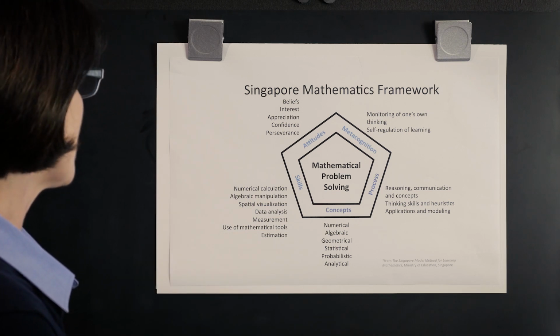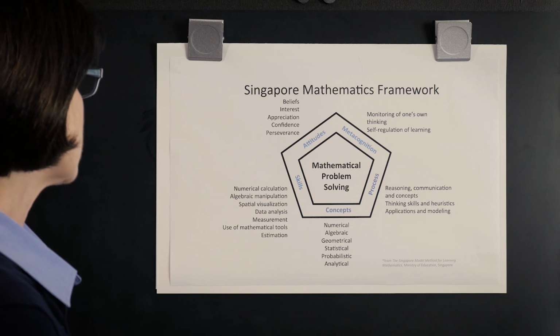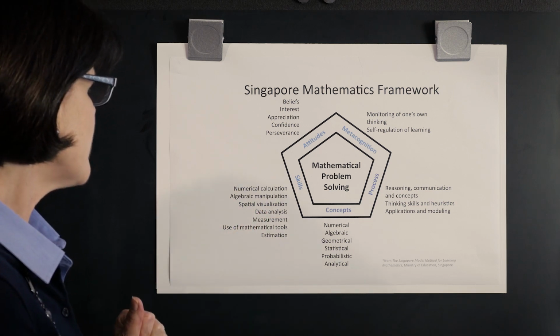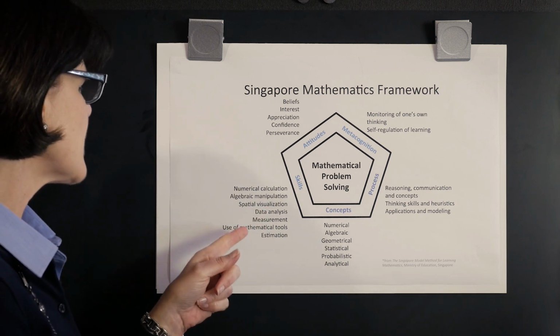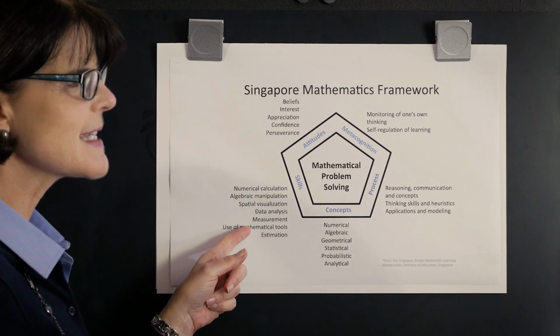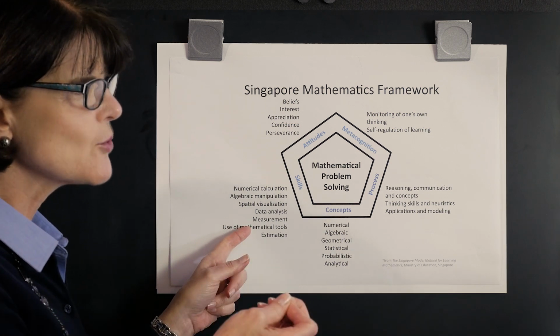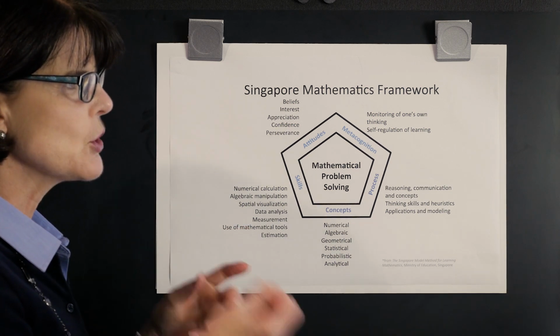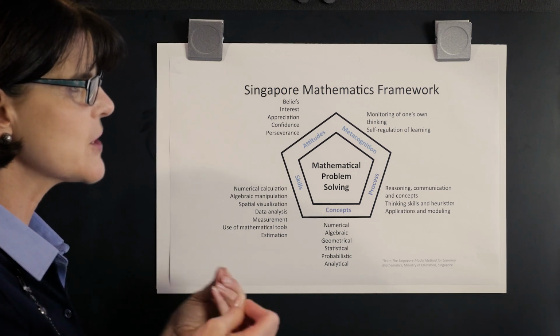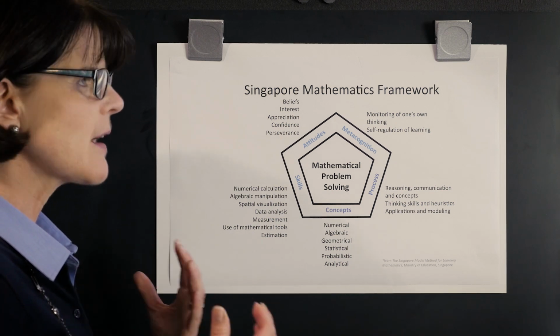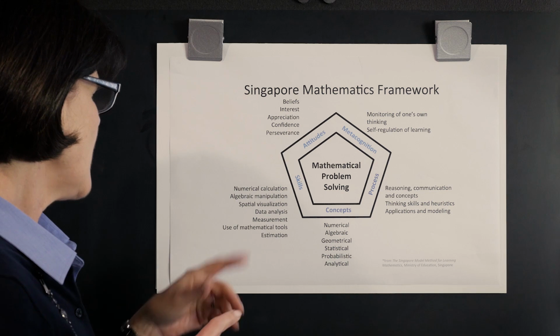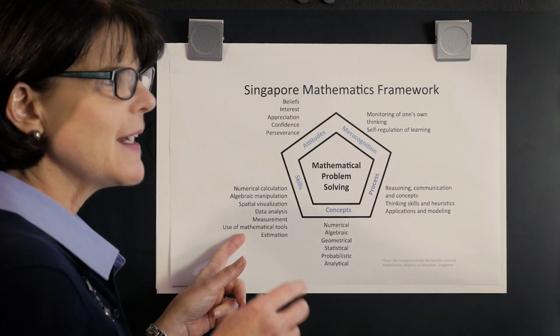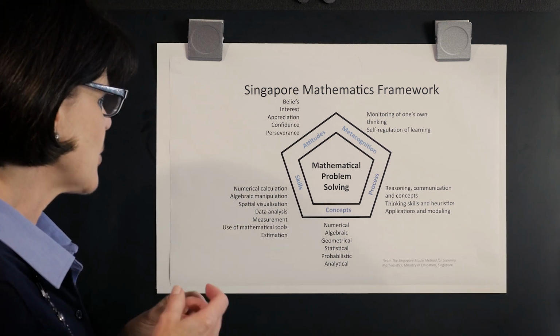They're going to need to be proficient in algebra, able to analyze data, and make measurements. When I think of the use of mathematical tools, think of a grammar school teacher teaching them how to use a ruler, a compass, or a protractor. We also, as classical educators, talk about those tools.